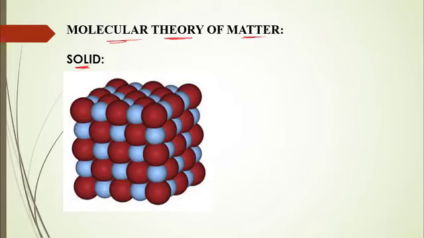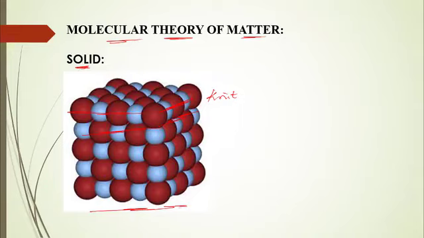Let's expand a little on the structure of solids. Now, look at this diagram here. You'd notice that this is a solid. Look at the way the particles, the atoms that make it up, are closely knit together. They are tight. They are staying very close to each other. There is no gap at all. And that is exactly what distinguishes solids from liquids and gases.